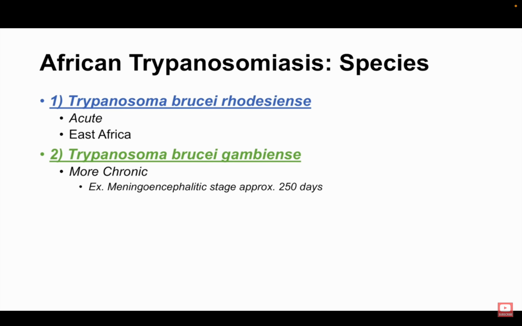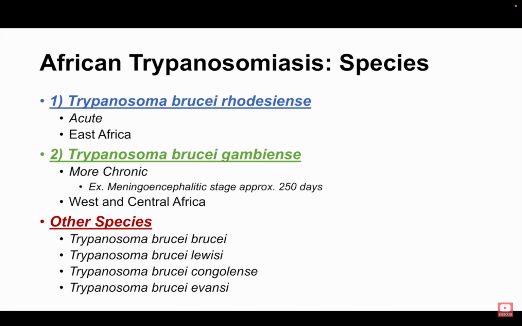An example of this is the meningoencephalitic stage. It takes about 250 days to occur, and we'll talk a bit more about these stages of the illness a little later. The Trypanosoma brucei gambiense species occurs in the west and central part of the sub-Saharan African region, as opposed to brucei rhodesiense, which occurs in the East African region. Now, there are other species of Trypanosoma protozoa that cause African trypanosomiasis as well.